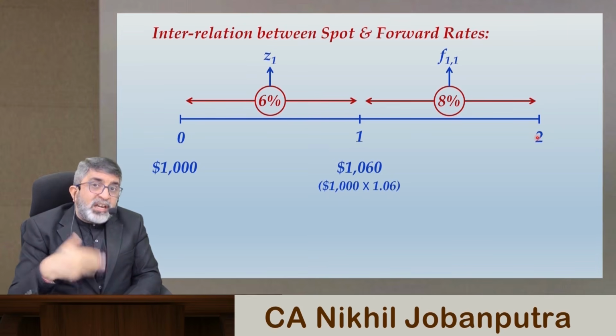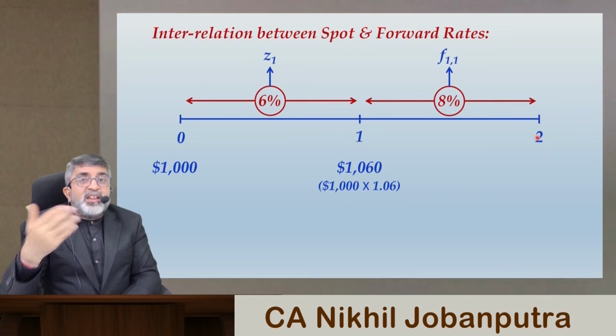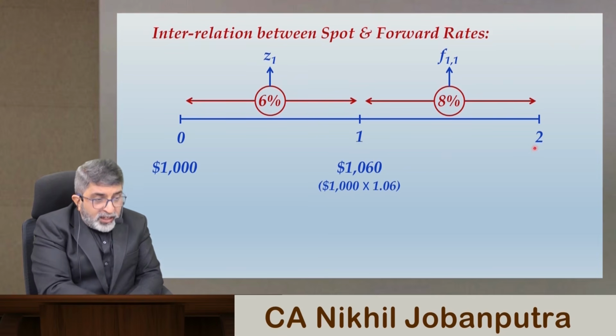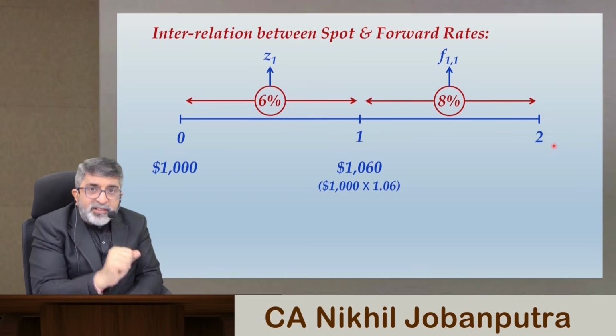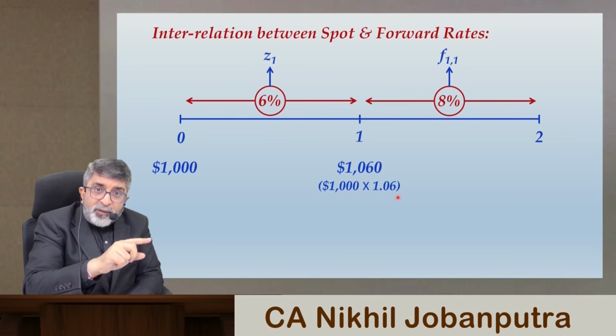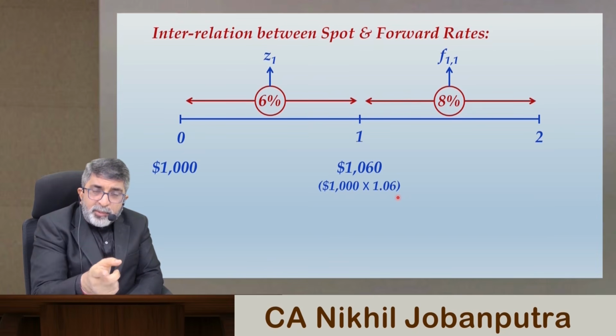But suppose I continue with this loan for yet another year, then the applicable rate will not be 6%. If I continue with this loan for yet another year, the applicable rate from here to here is 8%. That means the base value now, see why compounding will happen, because this much interest is already accumulated. So $60 of interest is already added to the principal. The adjusted principal outstanding is $1,060.